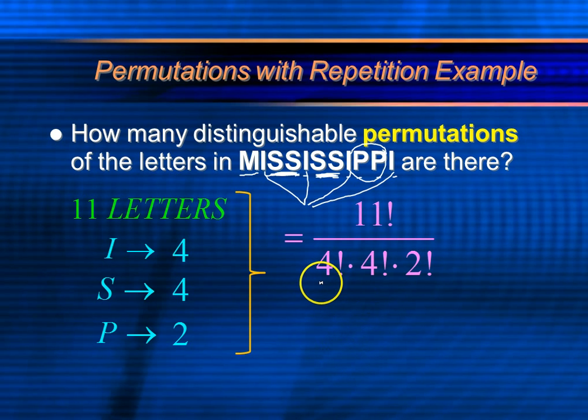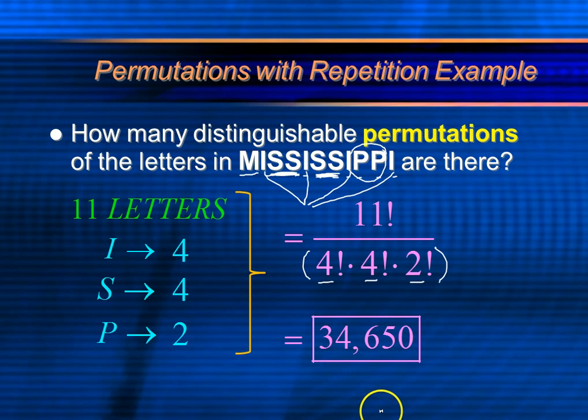Our repeats, I've got 4 I's, 4 S's, 2 P's. So 4 factorial times 4 factorial times 2 factorial. Again, you have to have parentheses. And there's 34,650 different options.